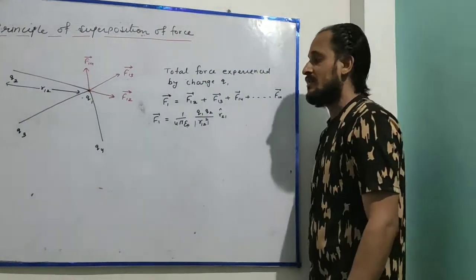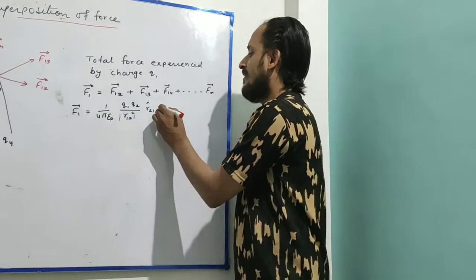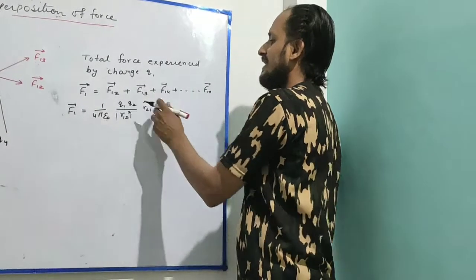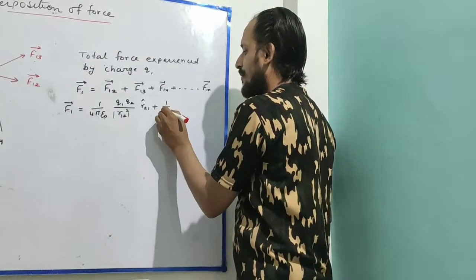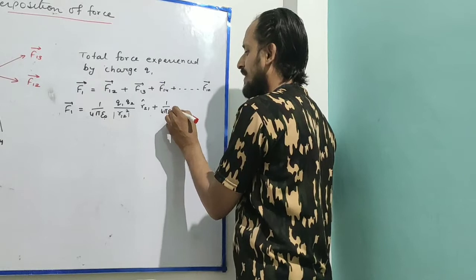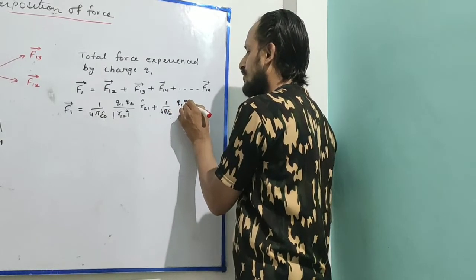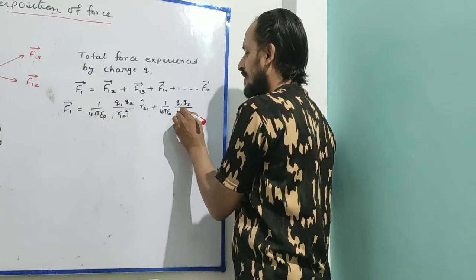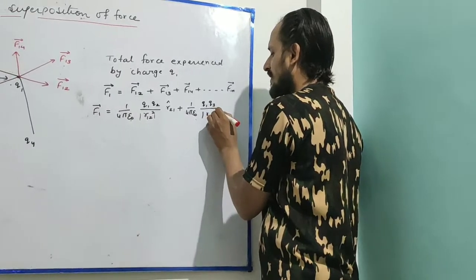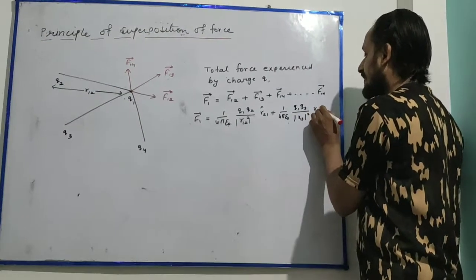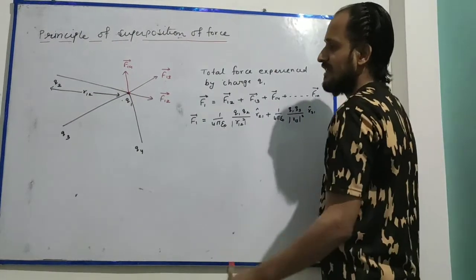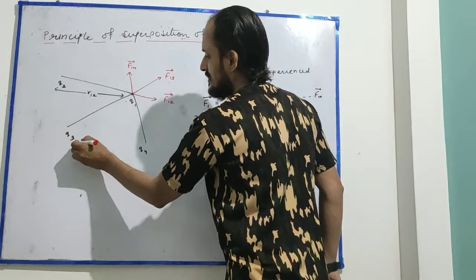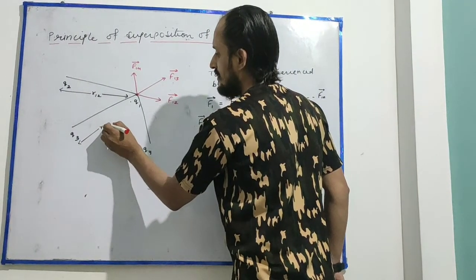Similarly, F13 vector is 1 upon 4 pi epsilon naught, Q1 Q3 upon R13 square, R31 cap, if the distance between 1 and 3 is R13.